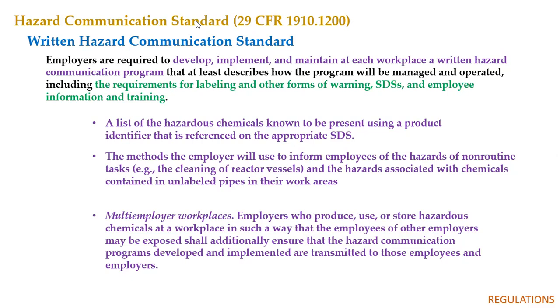Employers who produce or store hazardous chemicals at the workplace in such a way that the employees of other employers may be exposed shall additionally ensure that the hazard communication program developed and implemented is transmitted to those employees and employers. So basically the employer has to develop a written hazard communication program, and they have to maintain in each workplace this communication program following these points.